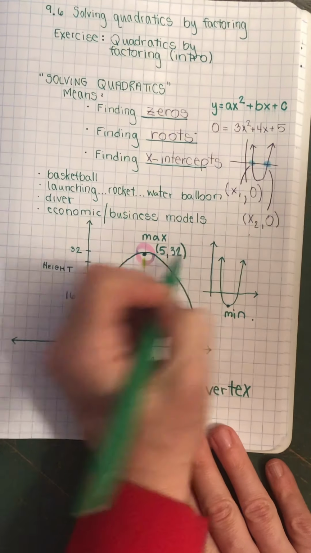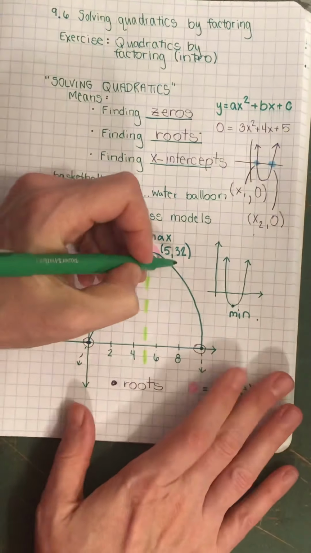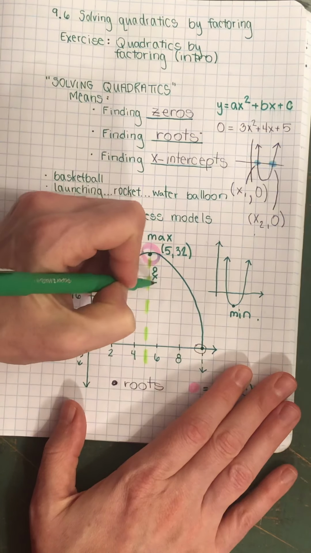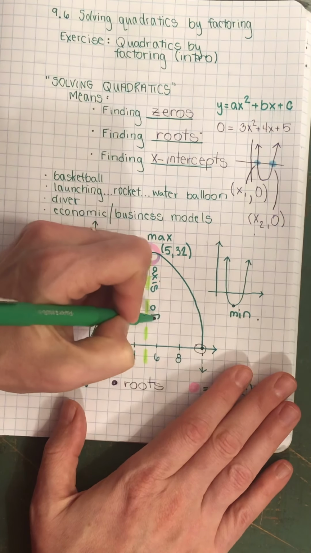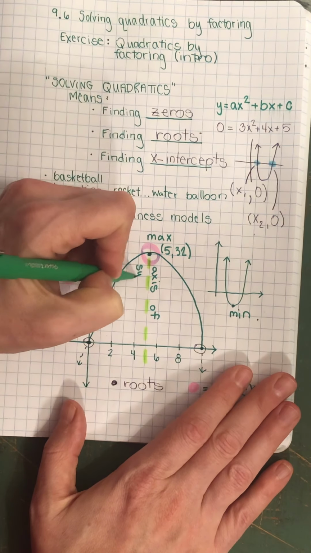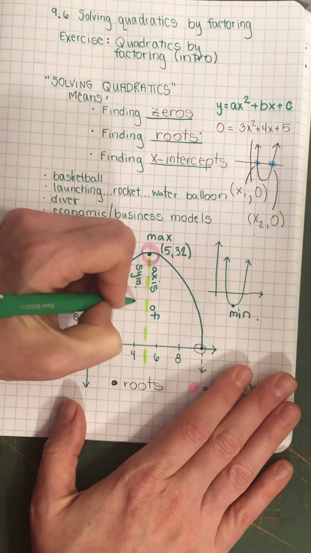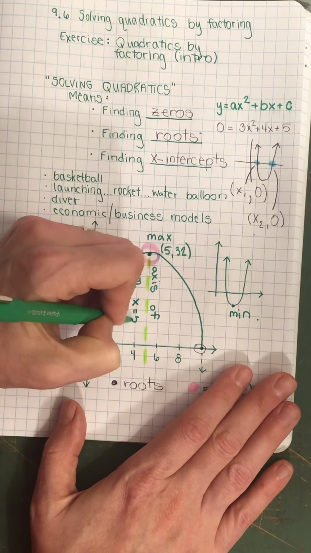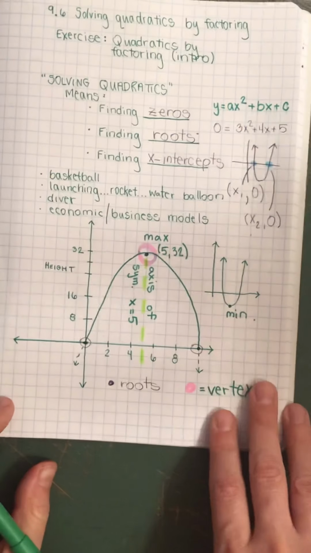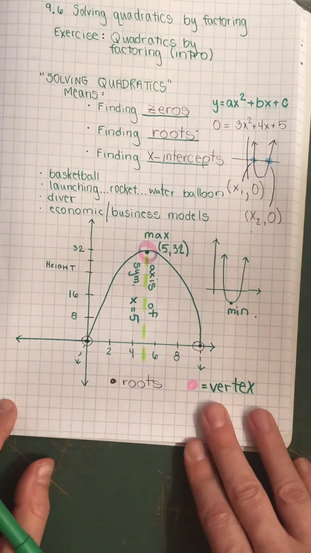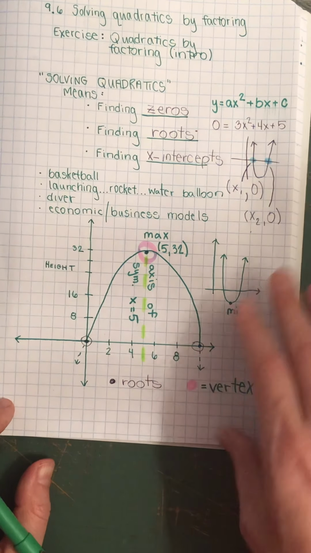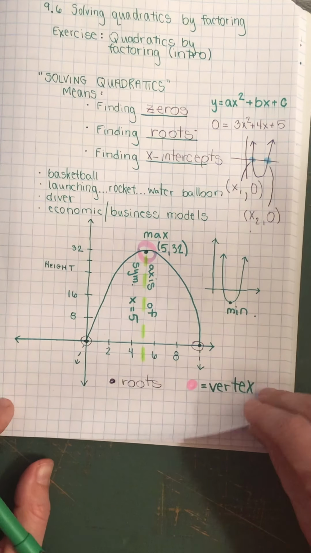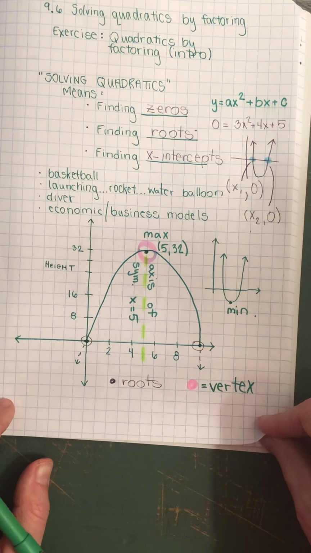And our axis of symmetry is that x equals 5. And it'll always be x equals something. So this is all for later. And the vocabulary gets really important later so that you know what people are talking about.